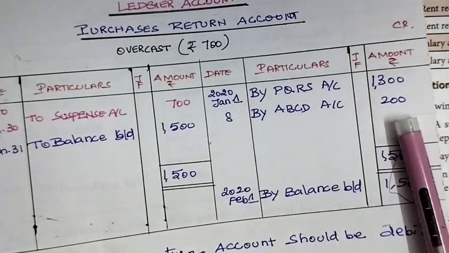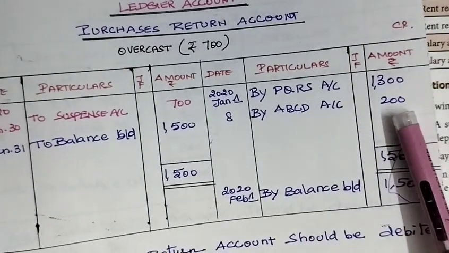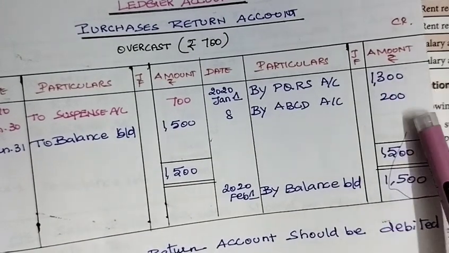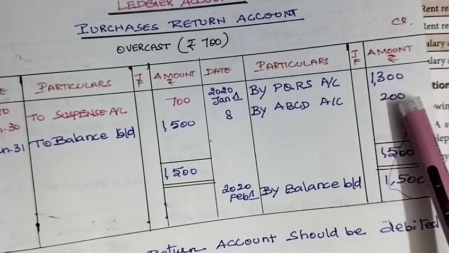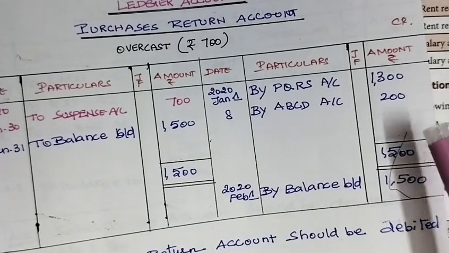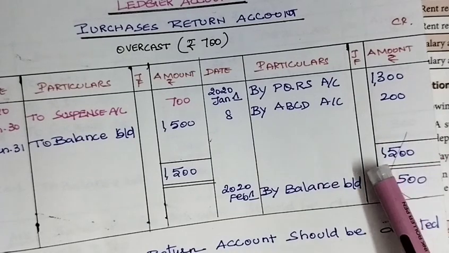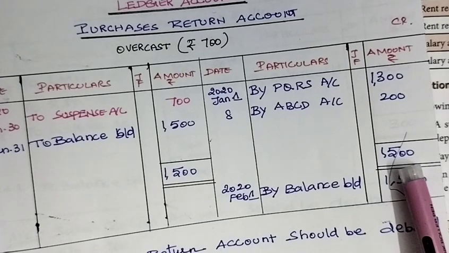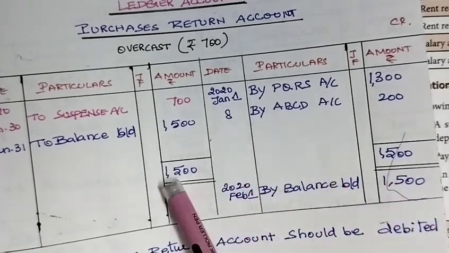Then two accounts are entered, posted into the ledger account. On which side is the higher value? Of course, the credit side has the higher value. How much? 1500 rupees. So you have to enter that 1500 rupees as a total on both debit and credit side.